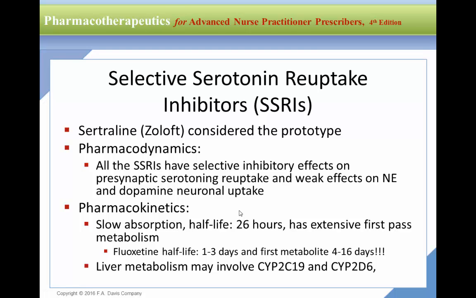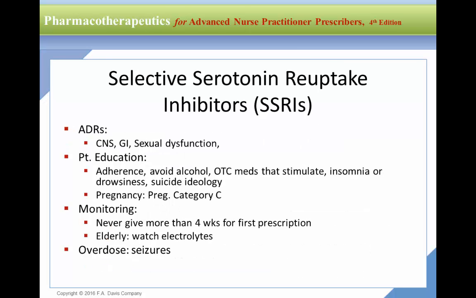It has a very slow absorption and a very long half-life. This is the reason why the majority of the antidepressants need at least 6 to 8 weeks to work. They have a very extensive pathway through the liver, first, hepatic metabolism involving cytochrome P450.